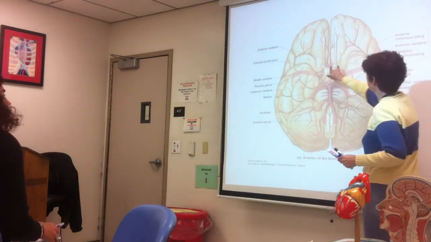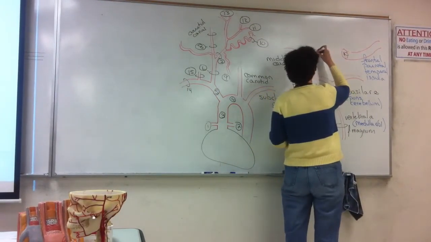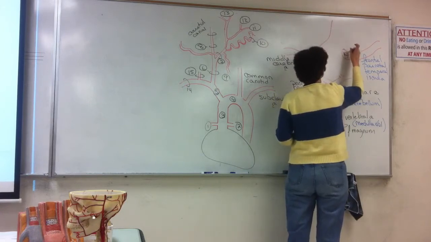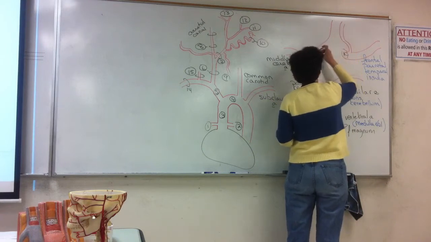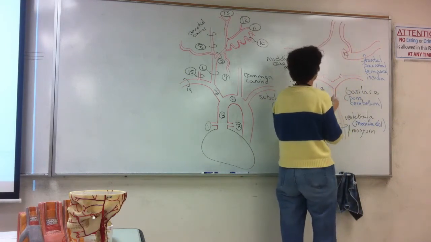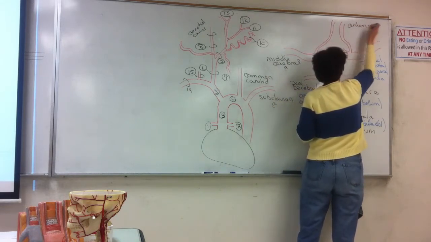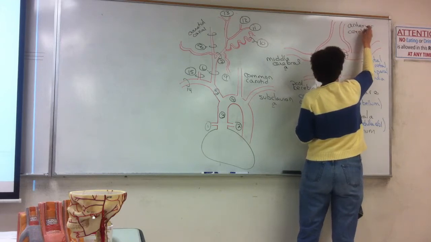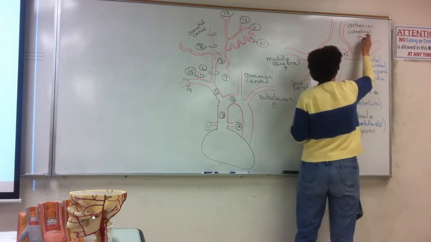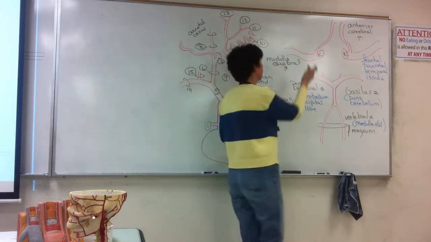And that's these two vessels right here. Anterior cerebral artery, again supplying the medial surface of the brain.